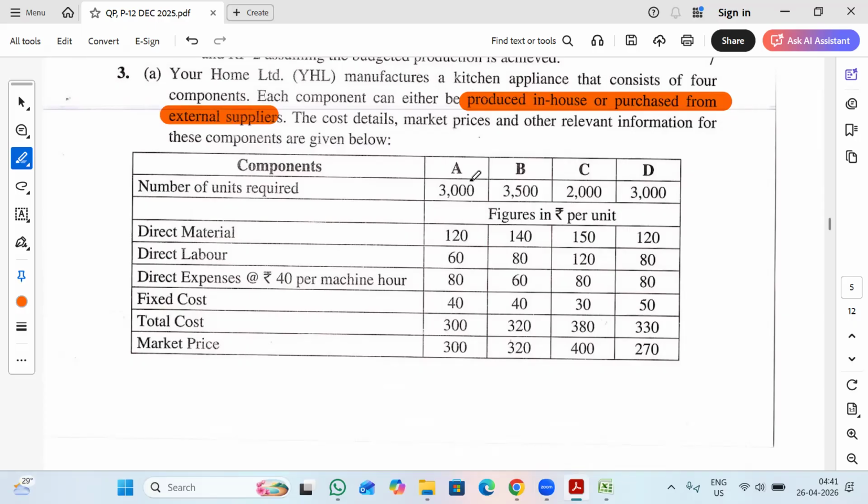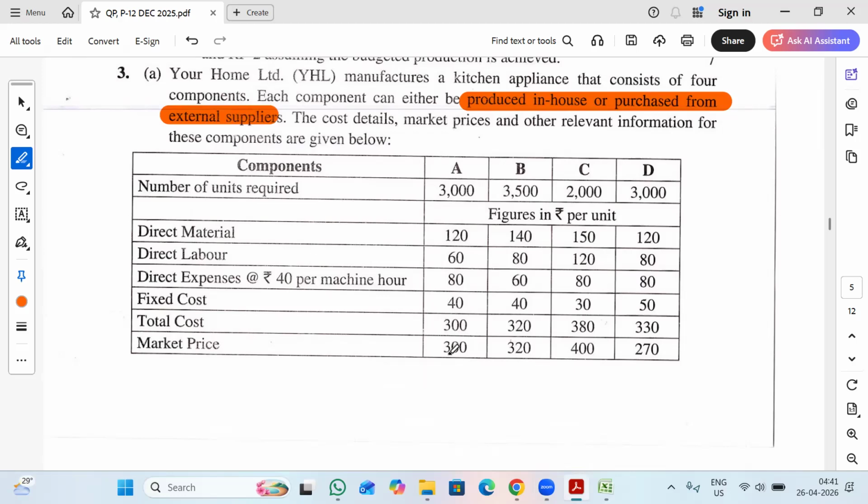The cost details, market prices, and other relevant information for these components are given below. So A, B, C, D. They have given the number of units required, direct material, direct labor, direct expense at rupees 40 per machine hour, fixed cost, total cost, market price. In this problem it is mentioned as market price because if we are buying from outside, this is the price.